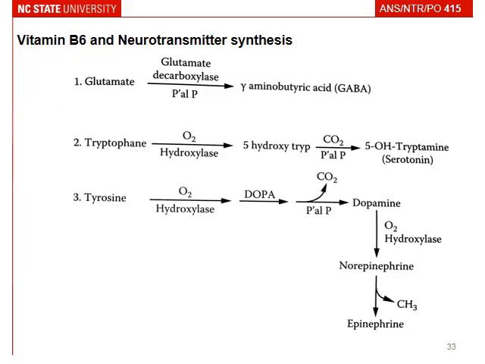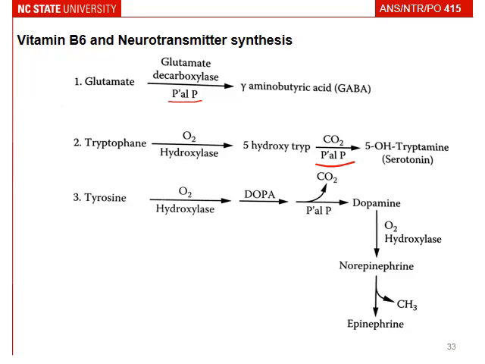So here we just have a few of the reactions that it's involved in with our neurotransmitter synthesis. Converting our glutamate to GABA, we need our B6. When we're converting tryptophan to serotonin, we need it to convert 5-hydroxytryptophan to serotonin here in the second reaction.